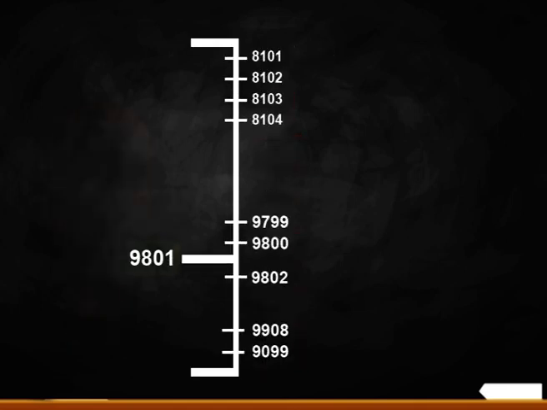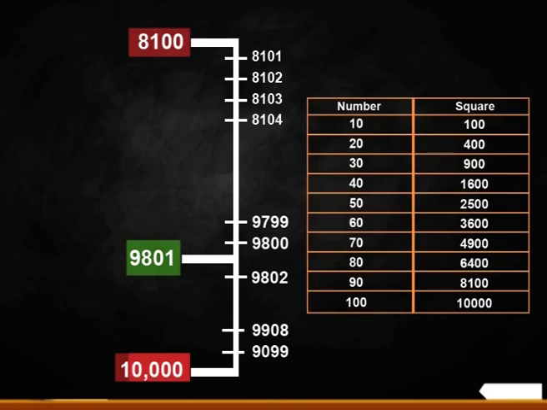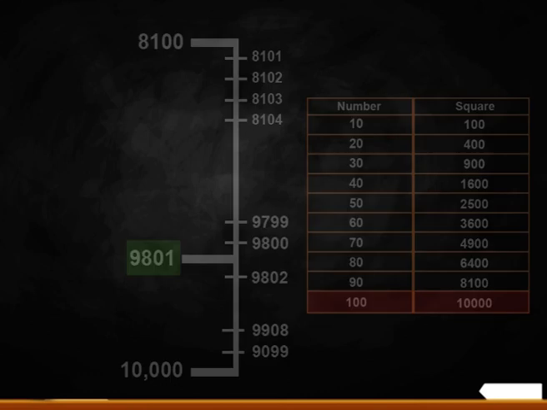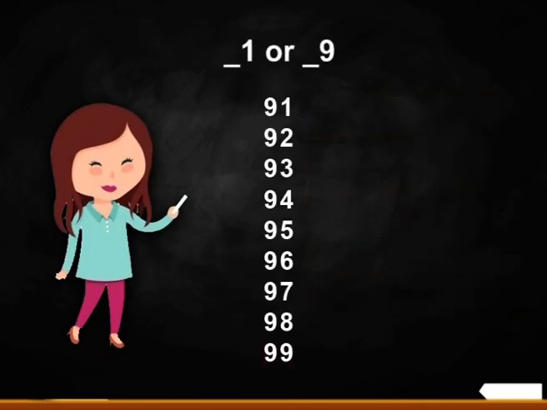Can you tell me the number 9801 is closer to which number out of 8100 and 10,000? Yes, it is closer to 10,000. So, we will take 99 as the answer out of 91 and 99. Therefore, square root of 9801 is 99.